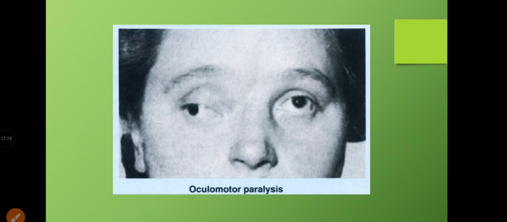As you see, this patient has oculomotor palsy. There is a partial ptosis, dilatation of pupil, the eyeball pulled laterally and inferolaterally due to the action of the lateral rectus and superior oblique muscle.